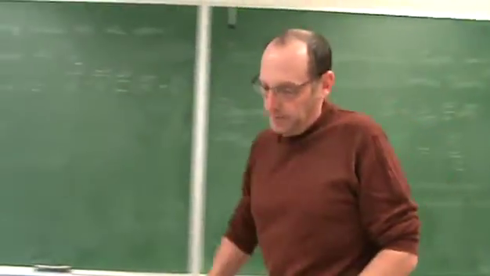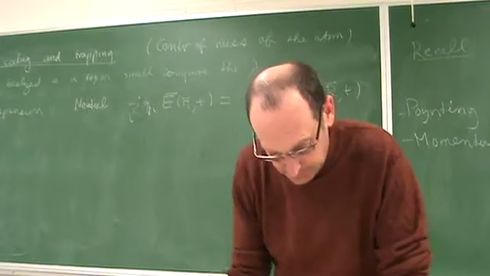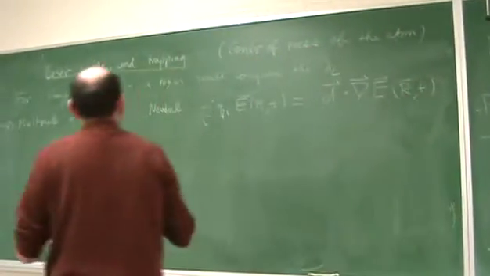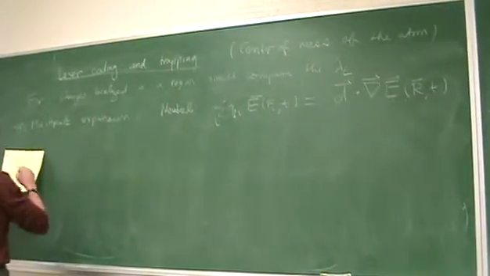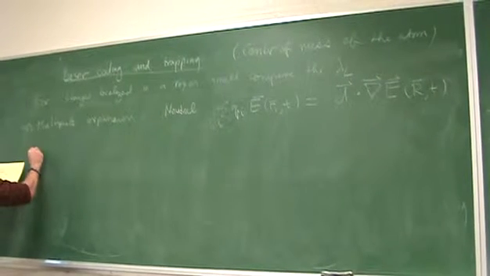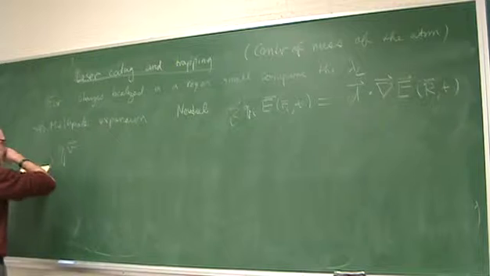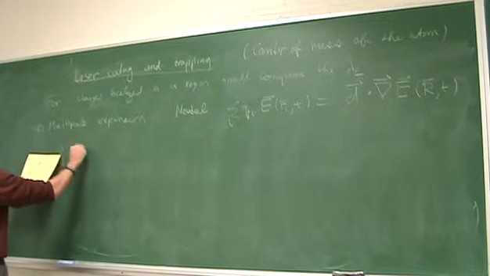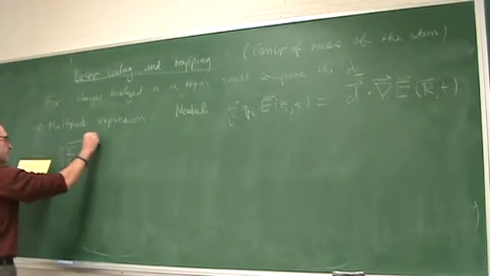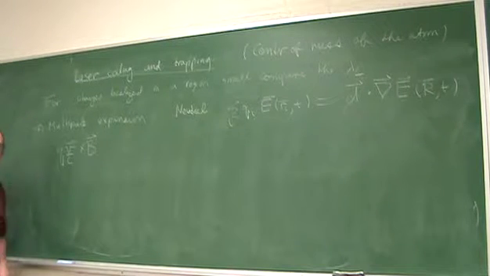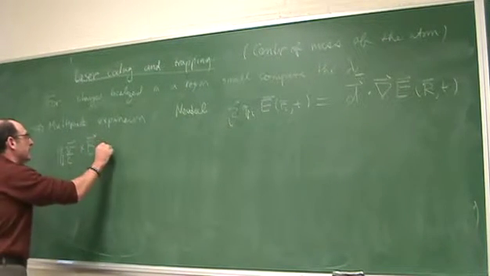What about the other term? Q V over c cross B. Well, the only thing that's moving here is the electron. Basically, the nucleus is so darn heavy, it's not moving. So this is the position of the electron, its motion.